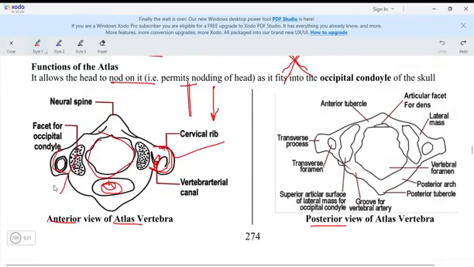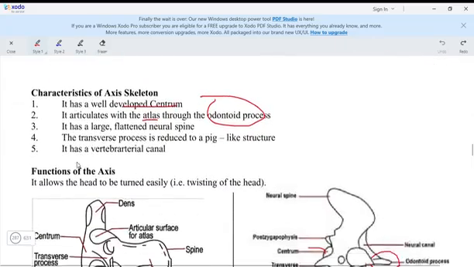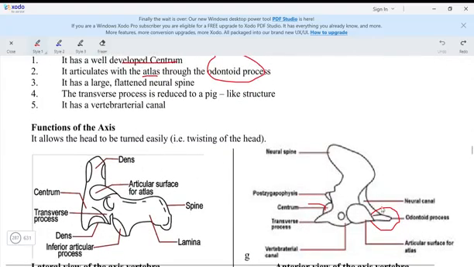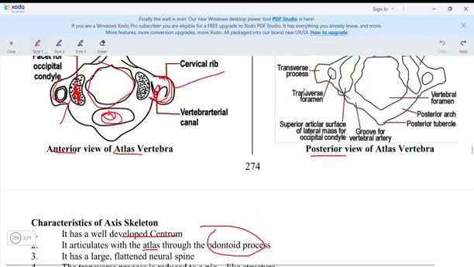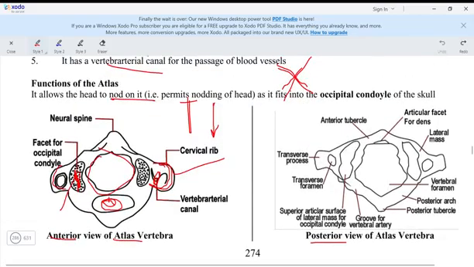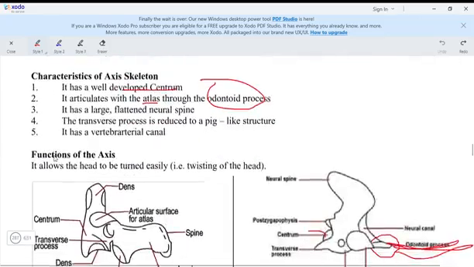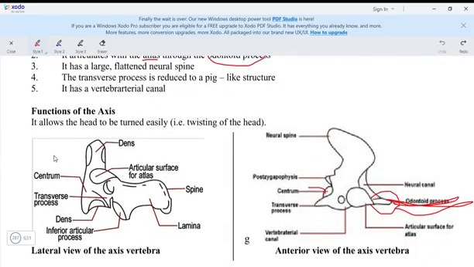So this is the occipital condyle. This occipital condyle is where the odontoid process will attach itself. So the odontoid process of the axis will attach to the occipital condyle of the atlas. That's what makes them fuse together.